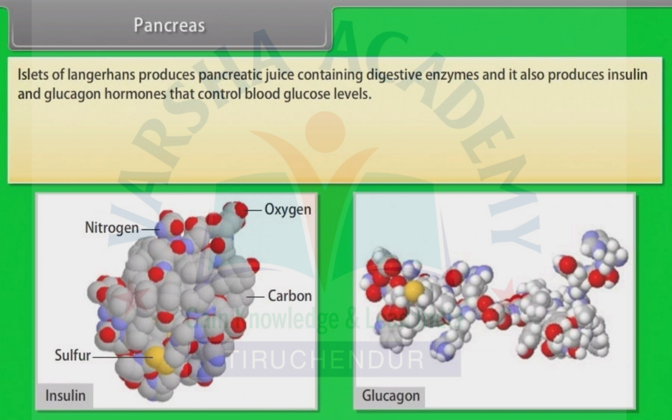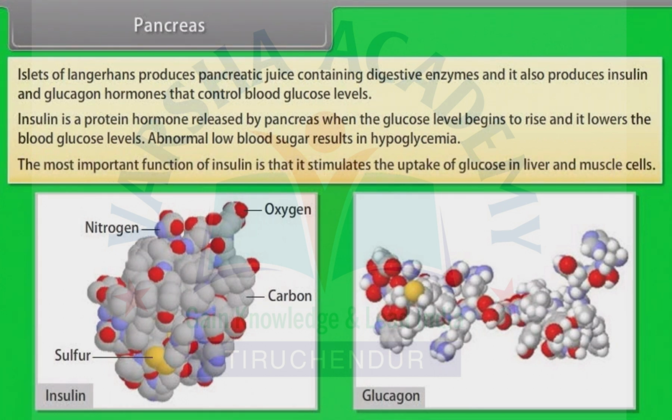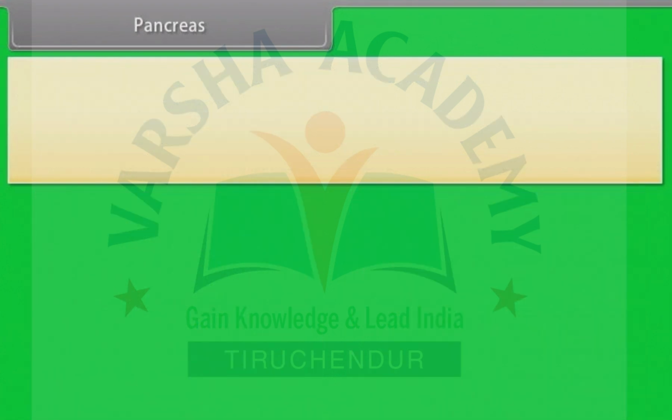Insulin is a protein hormone released by the pancreas when the glucose level begins to rise, and it lowers the blood glucose levels. Abnormal low blood sugar results in hypoglycemia. The most important function of insulin is that it stimulates the uptake of glucose in liver and muscle cells.